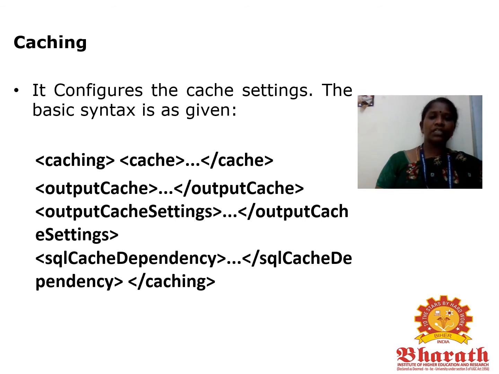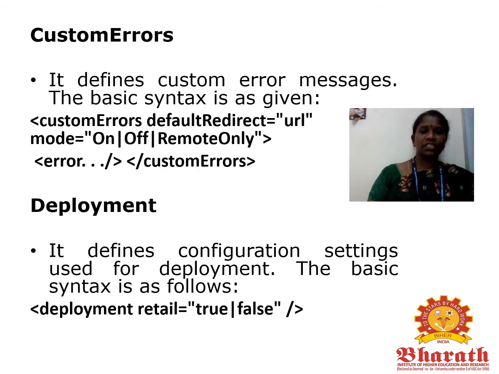It configures the caching settings. The syntax is caching with output cache settings and SQL cache dependency, then closing the caching tag. This is the basic syntax of configuration caching.